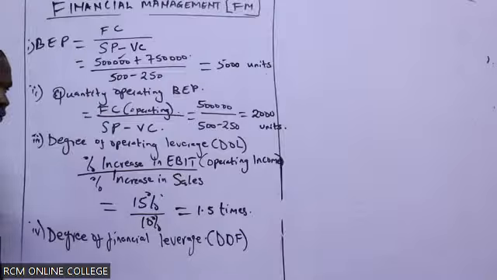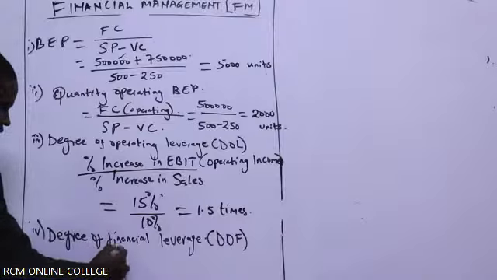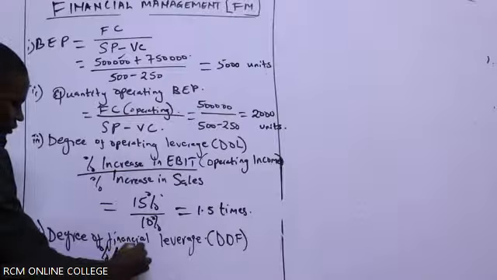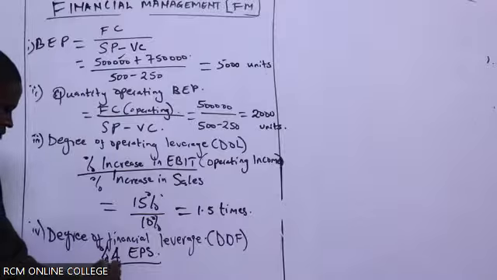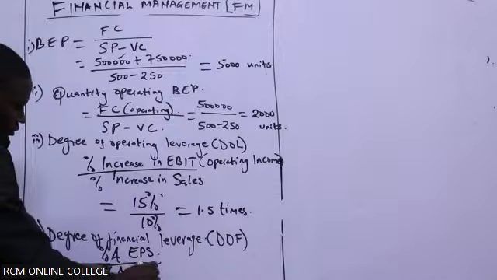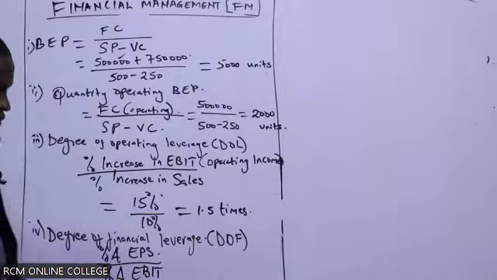So for the degree of financial leverage, we just have to use the formula: the percentage change in EPS over the percentage change in what? EBIT. Percentage change in EBIT. Percentage change in EPS. Na hizo tuko nazo.